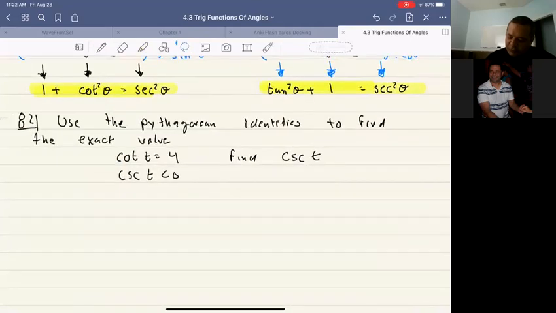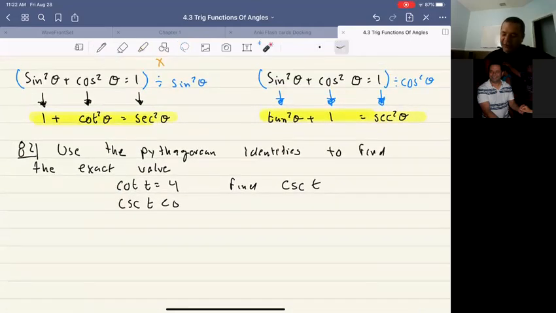Okay, so we're going to use the Pythagorean identities. So this one fits with this, well, actually, no, it doesn't. What did I do wrong? Oops, oopsie daisy. That should have been cosecant squared.